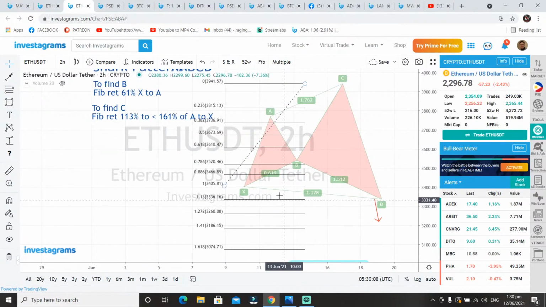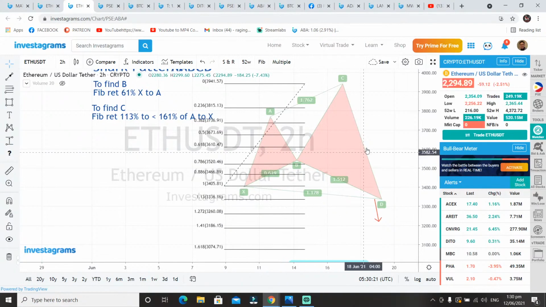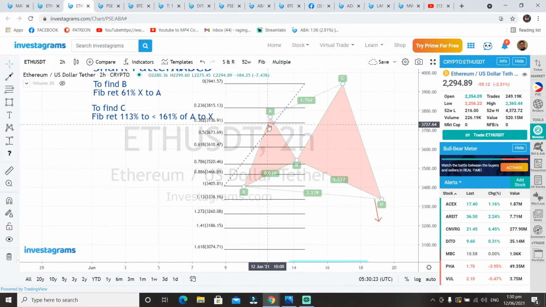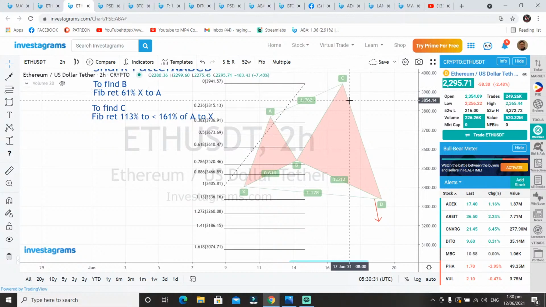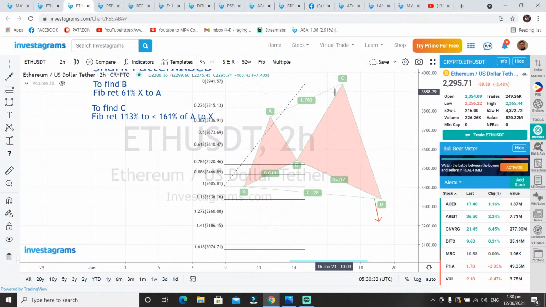If there are some potential reversal zones, you should put your cut loss level at that one. That's why sometimes it's more advantageous if you are able to enter inside these points of a pattern. But as I've said, it should not be your primary concern or primary basis for entering a trade.